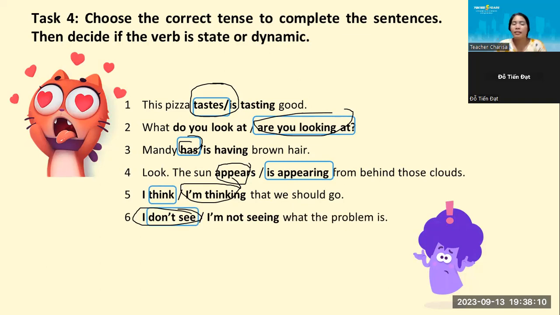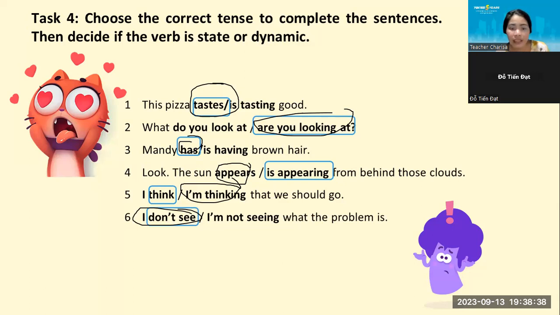Let's discuss. So, this pizza tastes good. What is that? That's present, right? What are you looking at? So the questions, right? Mandy has brown hair. Has is present.